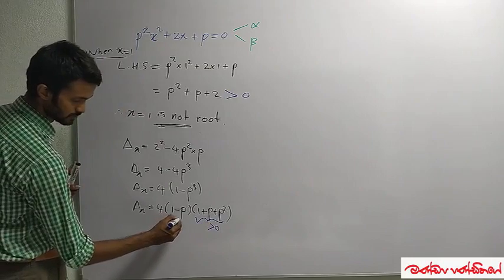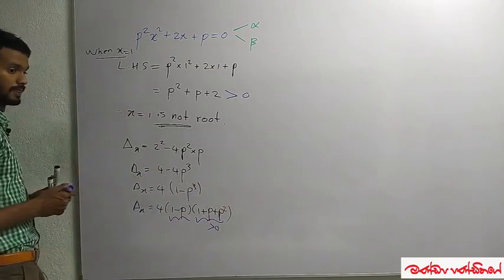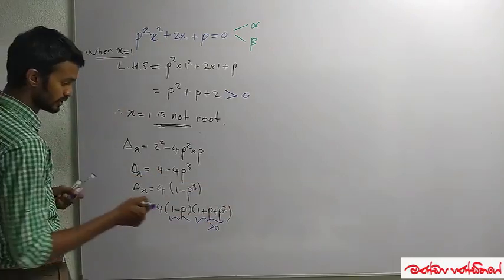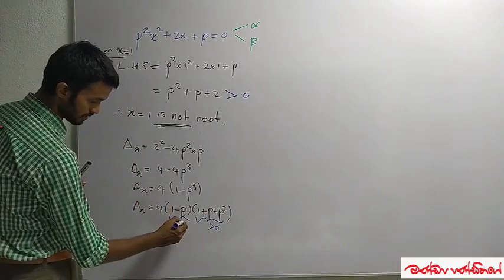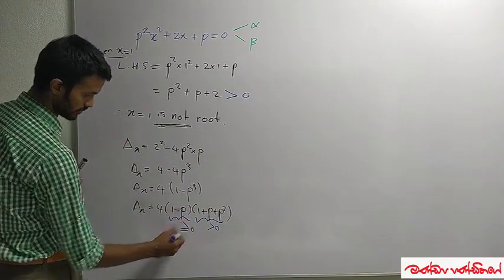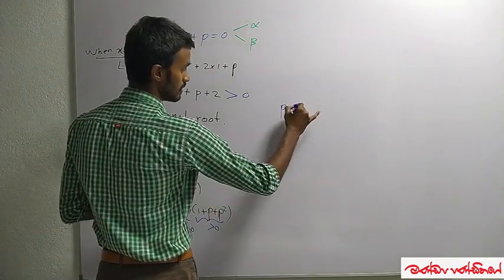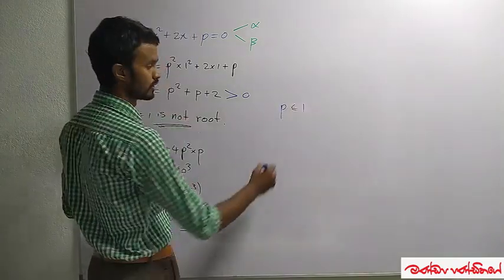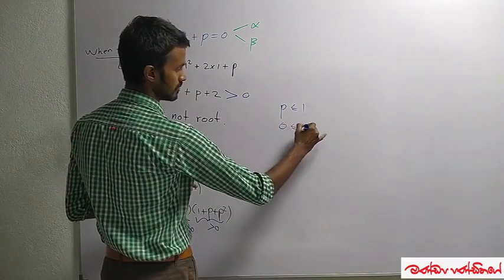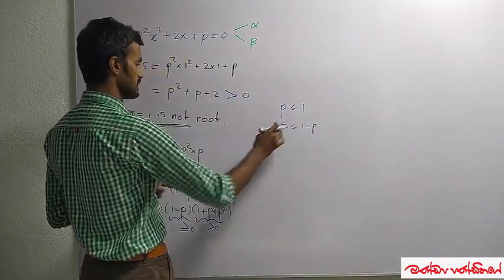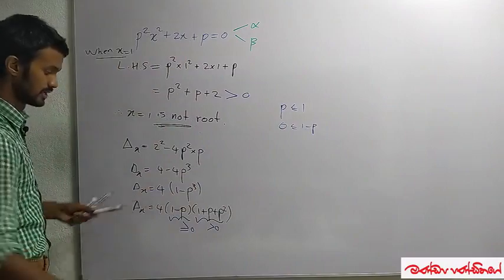And it is clear for 1 minus p, they have given us that p is less than or equal to 1, which means if I take p to the other side, 1 minus p is greater than or equal to 0.